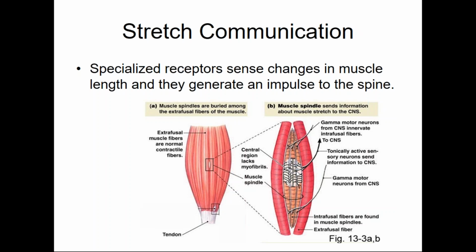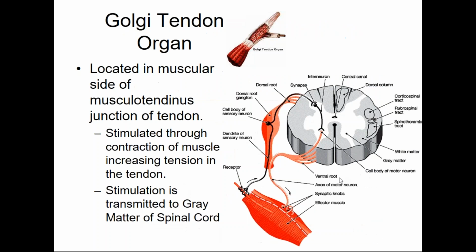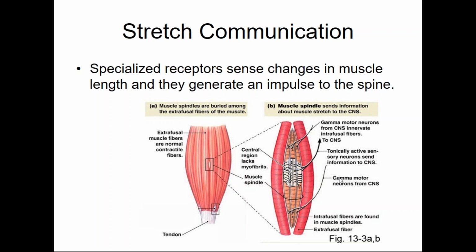And then your annulospirals are wrapped around that swelling in the nuclear bag fibers. The reason is because it allows them to be more sensitive by wrapping around the nuclear bag. So you may have any questions about the general structure of the spindle.